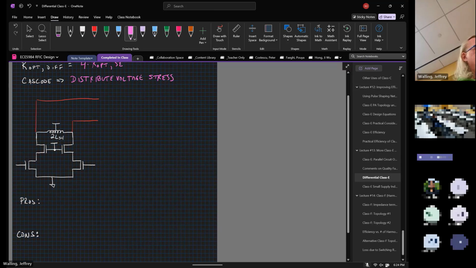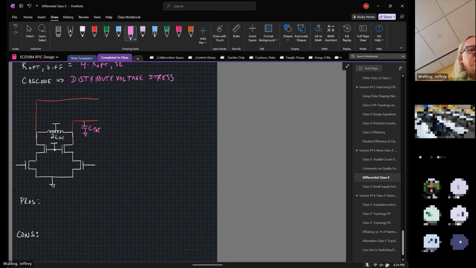And so my network now might look something like this. I probably have some drain parasitics, plus I might add some additional capacitance at both nodes. And then I am just going to add a differential matching network.